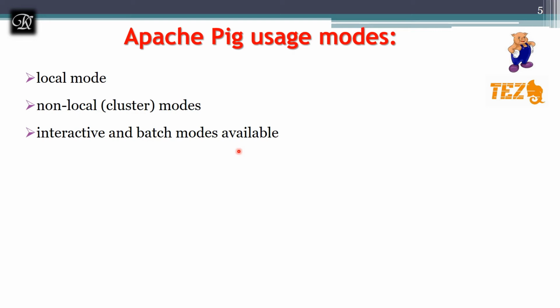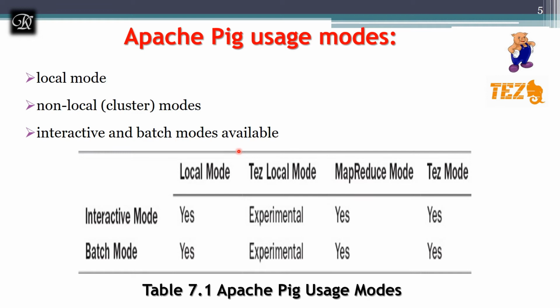Here we will see some differences in the modes supported by Pig. As I said, interactive mode and batch mode are the main ones on the row and on the column. All the available modes: local mode, Tez local mode, MapReduce mode, and Tez mode. On the local mode, is interaction supported?